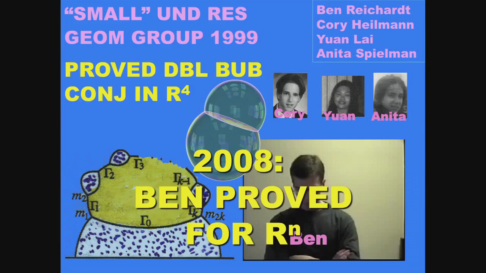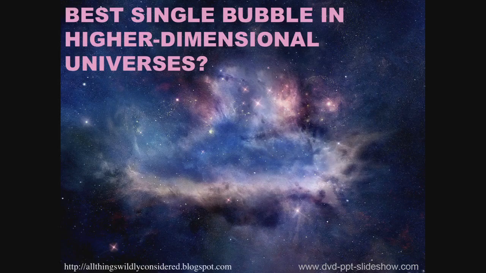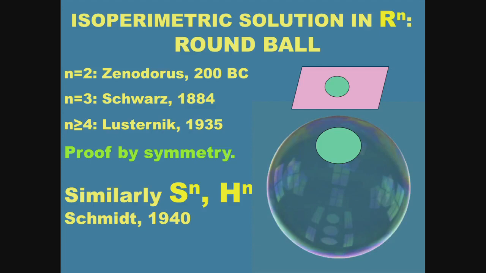The double bubble. But now I want to go back for a minute to the single bubble in some higher dimensional or curvy universes other than Euclidean space. So I already talked about how in the plane, back in 200 BC, Zenodorus proved the circle best. Three-dimensional space, Schwarz in 1884.